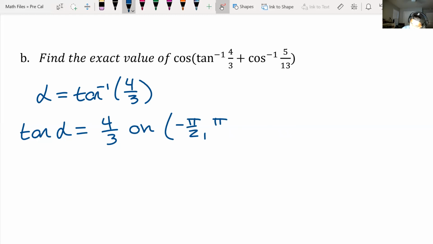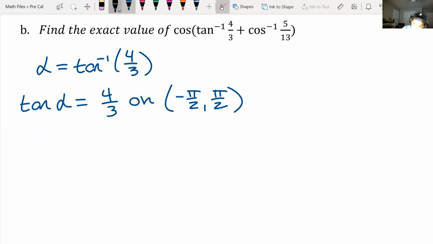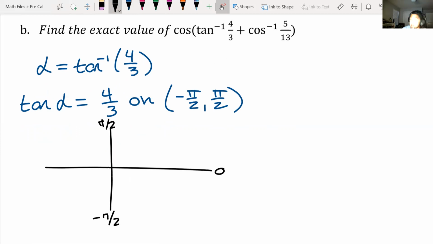But it can't equal those endpoints, right? Exactly. There's negative pi over 2, there's pi over 2 and 0. And if we are a positive 4/3, we must be in quadrant 1. There's alpha. And if tangent is 4/3, that means the height is 4, the base is 3, and the hypotenuse must be 5. Good.